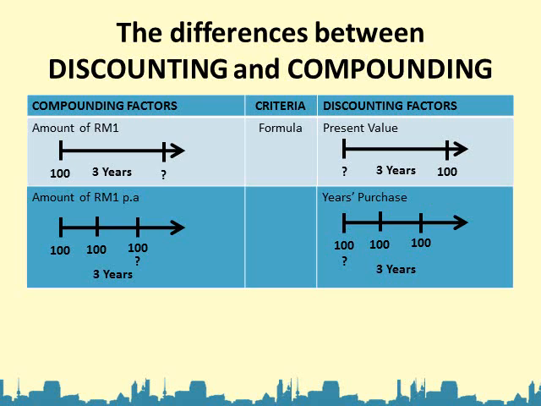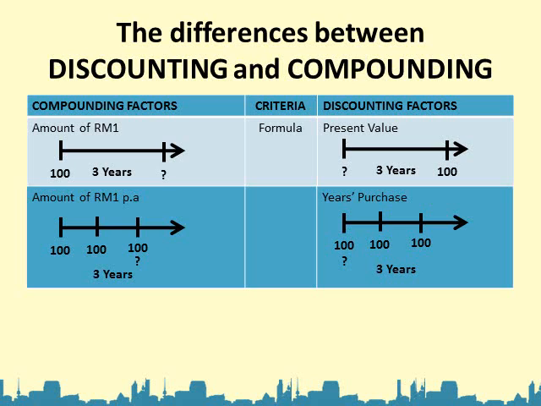This one is opposed to the amount of ringgit per annum, whereby the investors will receive a return from the investments every year or every month. However, we want to calculate the amount of that particular return or income that we receive in the future, for today.